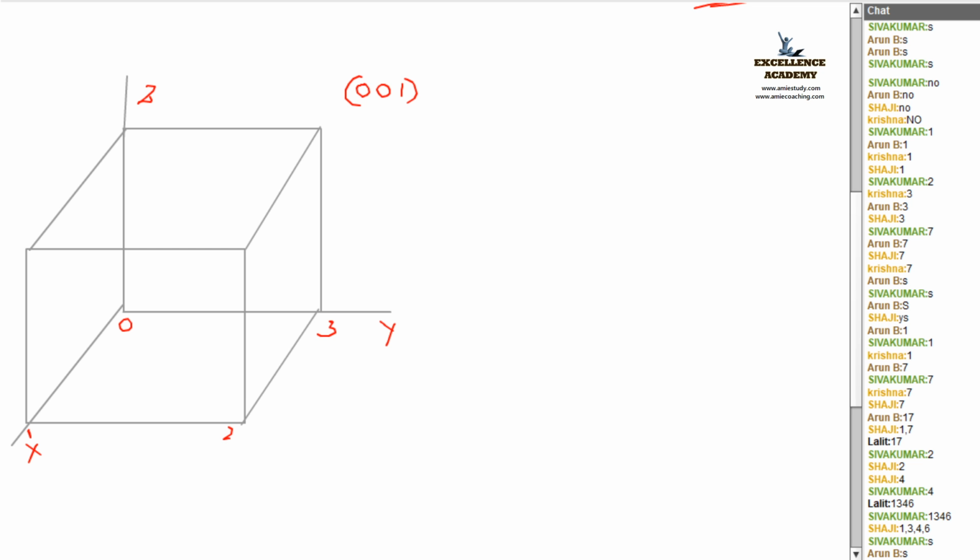Give me the answer. Yes, here the problem is that two zeros come over there, right? So two infinities are there.